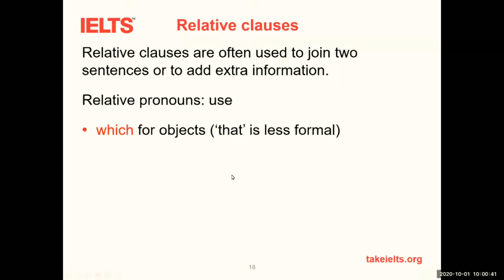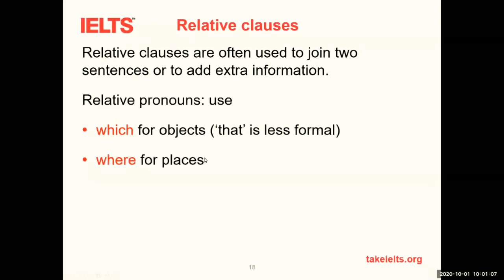Okay, let's have a look. We use which when we're describing objects. That is grammatically correct, but it's used much less formally. We tend to use that when we're speaking, and it's better to use which when we're writing relative clauses.